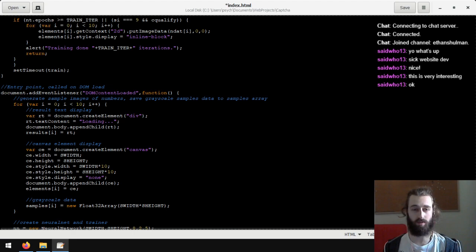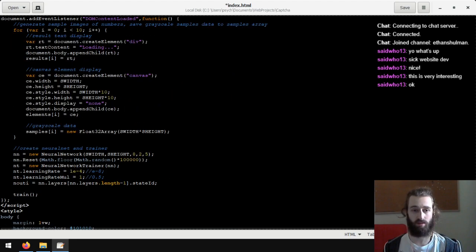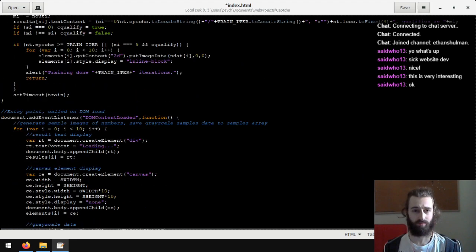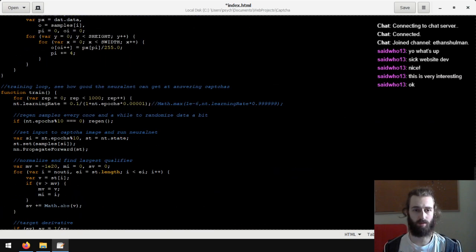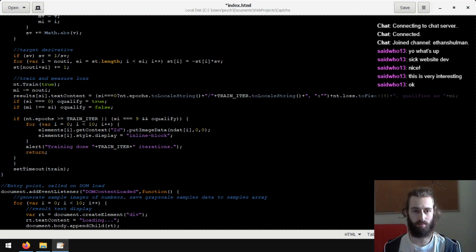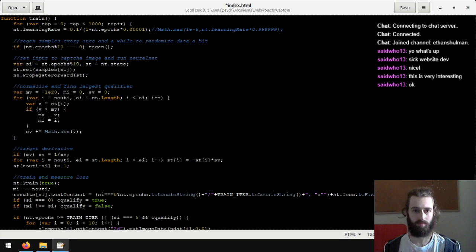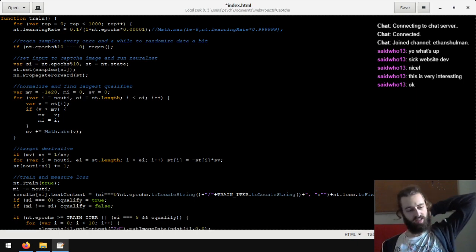Alright, so generate sample images. Oh yeah, so part of the issue with this may be that it's training on the same images over and over again. Regen samples every once in a while to randomize data.